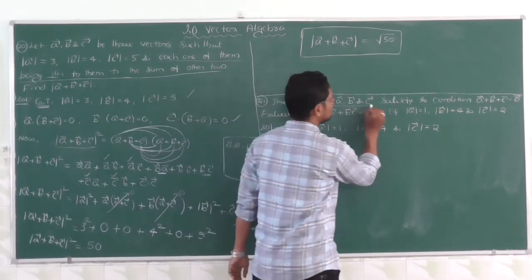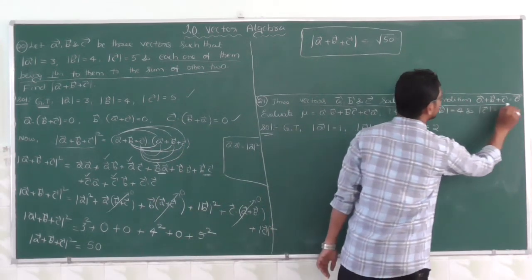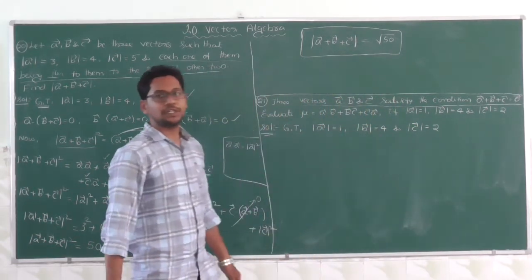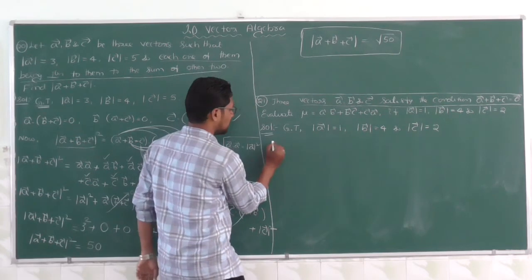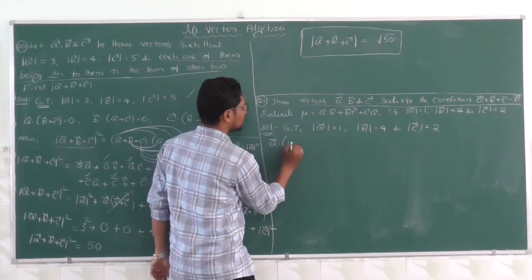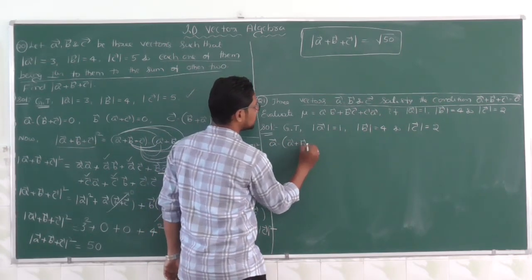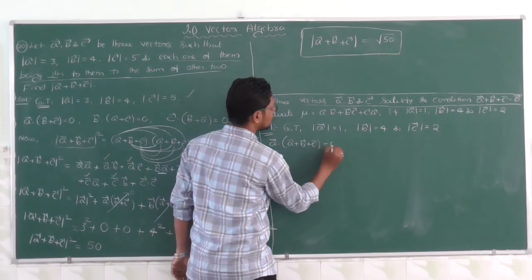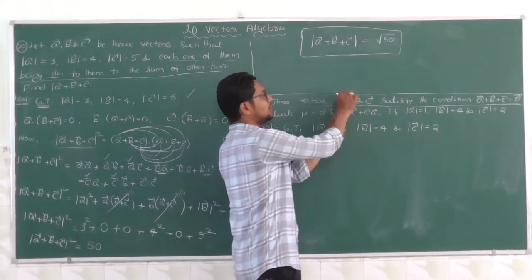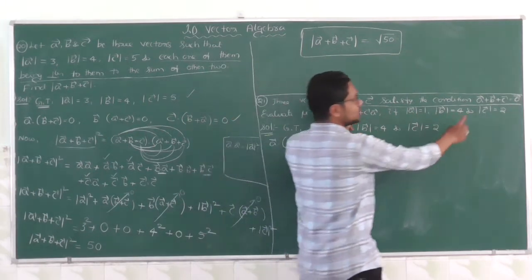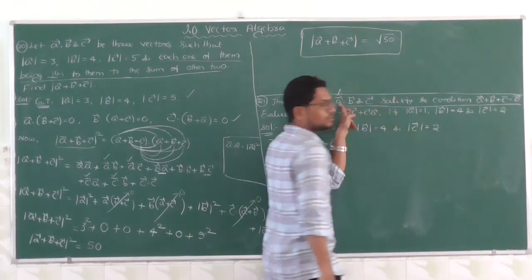Three vectors A, B and C satisfy the condition. Satisfying the condition is nothing but A vector plus B vector plus C vector equals 0 vector.